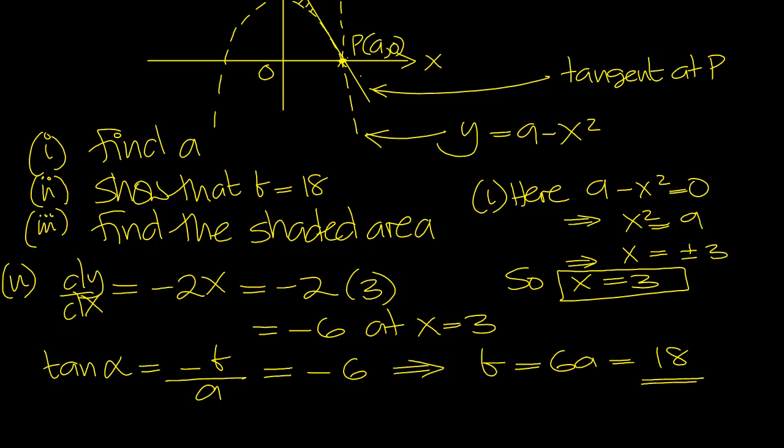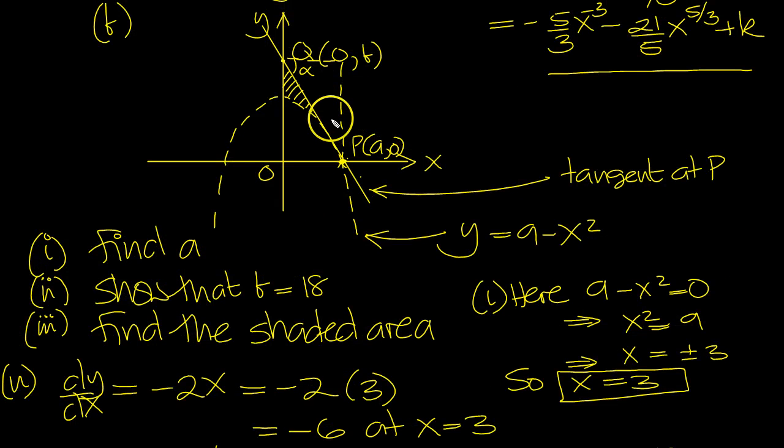Part 3, find the area of the shaded region. Well, this line here, straight line, is equal to mx plus c, so it's 18 minus 6x, so there's the line then.